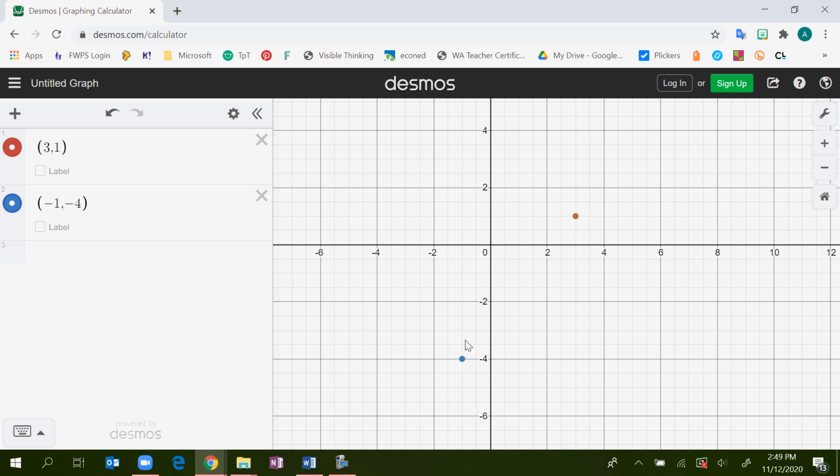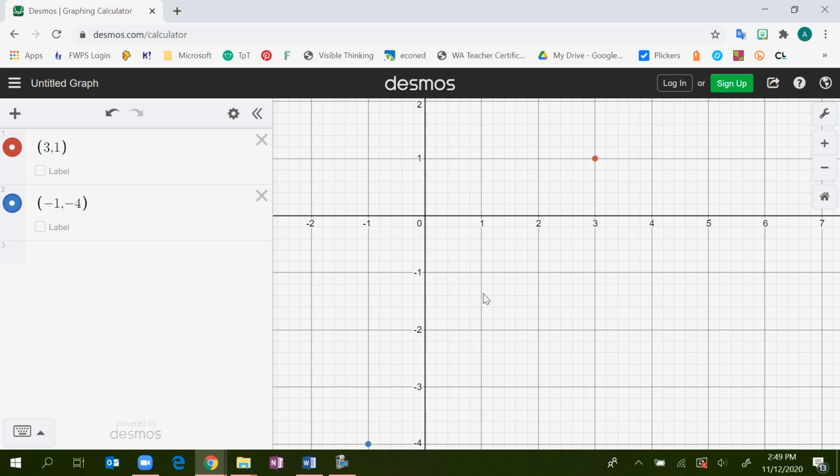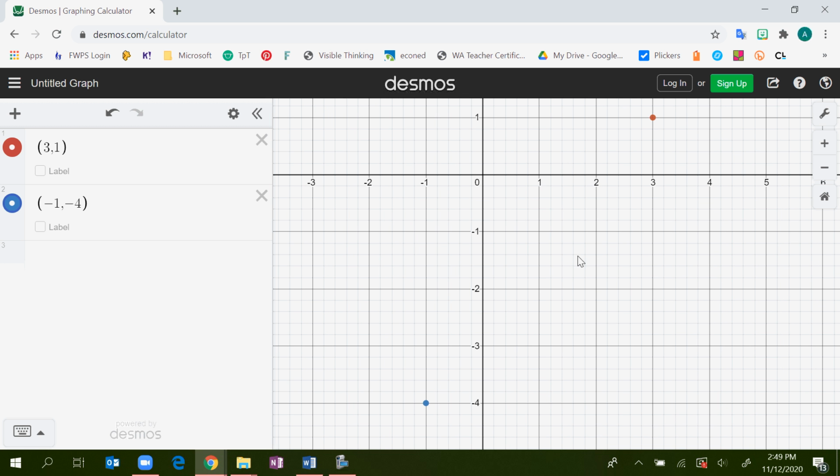Okay, so that's going in my negative x direction 1, and then negative y direction 4. Okay, so that is a great tool to graph. You can also hide points if you don't want to look at them anymore, but you still want to keep them on your graph, or you can completely delete them.